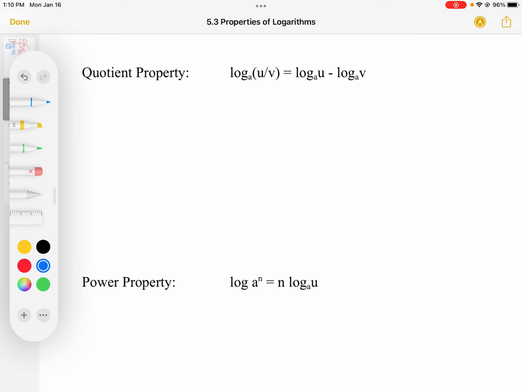Here, again, all the bases are the same. We're dividing inside our log, and we're saying that's equal to the difference between the two logs. Why is that true? Let's take a look at a property of exponents.